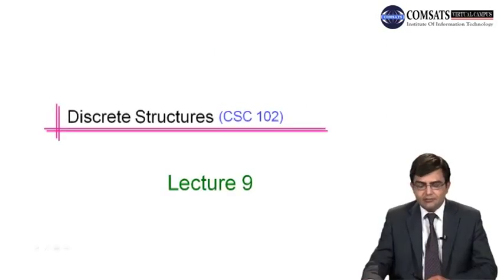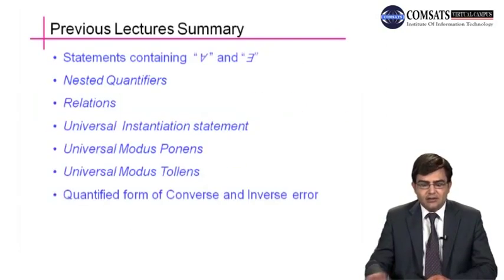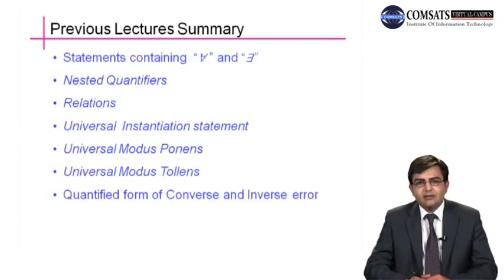In the previous lectures we have studied and discussed logic and predicate logic, quantifiers, and we have also studied the applications of logic into digital circuit designs, Boolean algebra, and also some universal and existential quantifiers.